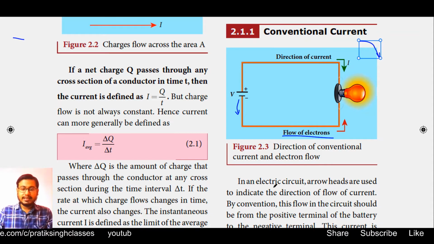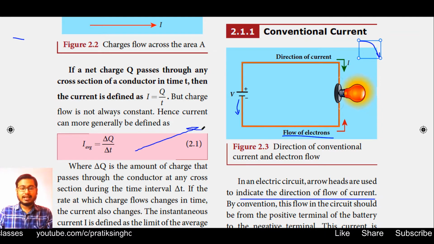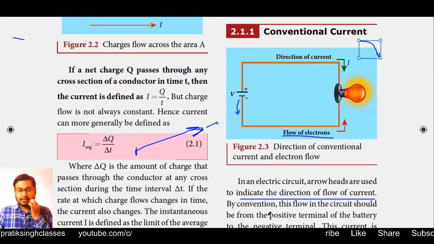In an electric circuit, arrowheads are used to indicate the direction of flow of current. Whenever you see any arrow, the tail of the arrow is the starting point and the arrowhead is the direction in which something is flowing.